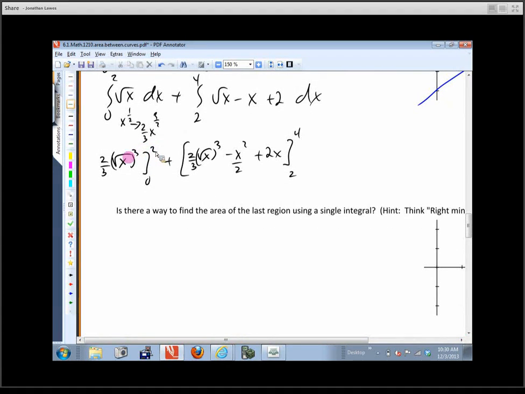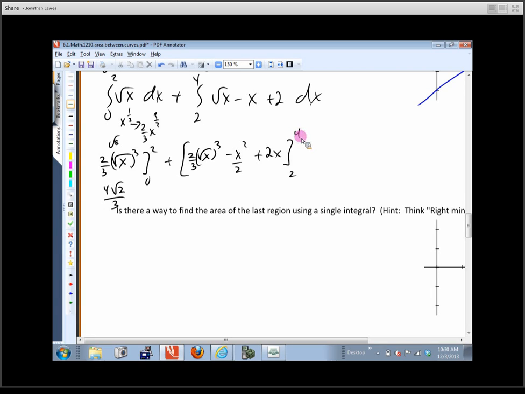So if I plug in a 2, this is going to give me, let's see, yeah, cube it first. We'd have square root of 8, pull a 2 out. So this is going to be 4 radical 2 over 3.